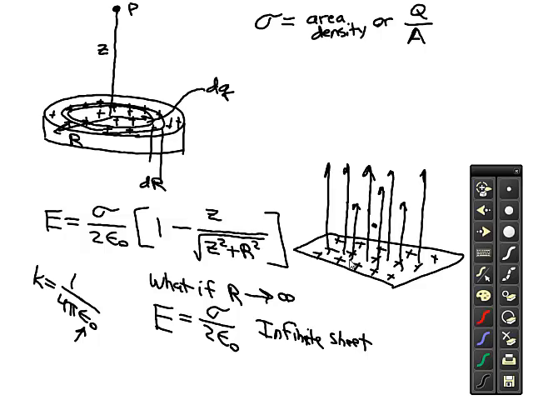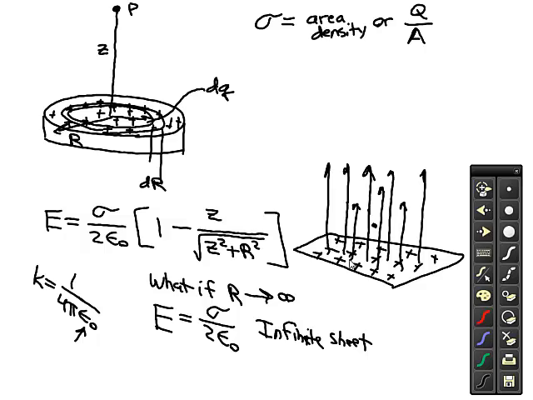What happens if Z gets really, really tiny? If Z starts approaching 0, you get the same result. So it's kind of like scaling down. If you become Ant-Man and you get like a millimeter away, the disk starts looking like an infinite sheet.